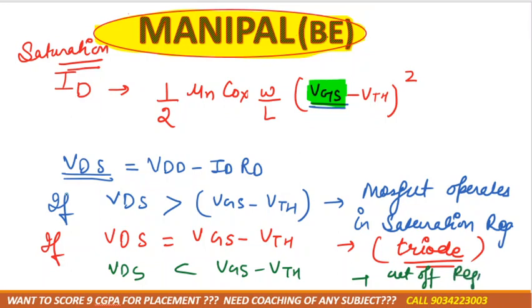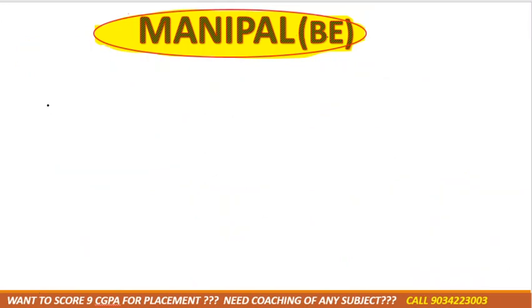Got it? So we have to determine this thing first. Every time we have to determine VDS, VGS and VTH, then we'll be able to detect which region it will enter. Okay. So if we want to calculate VDS, we have the formula VDS is equal to VDD minus ID RD. Okay. So let's go back to the question again.